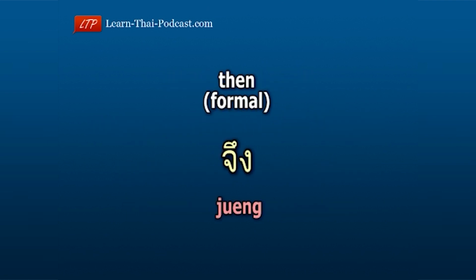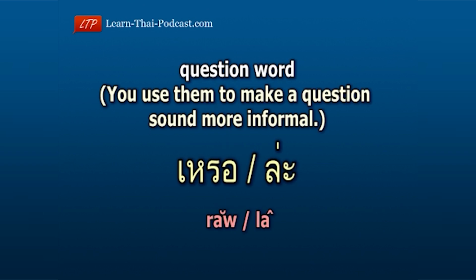Please note that the word จึง, which means then, can be used instead of the word ถึง, which also means then, in a formal written way. You can also add the question words หรอ or ล่ะ at the end of any kind of question that you have learned in this lesson to make a question sound more informal. Here's some examples.